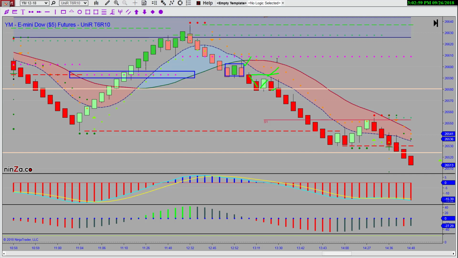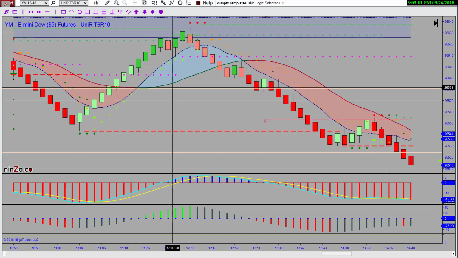And what I use here in the indicators, I'm not necessarily concerned about the continuation pattern yet. What I'm really wanting to watch is, okay, let's say that we would short here.